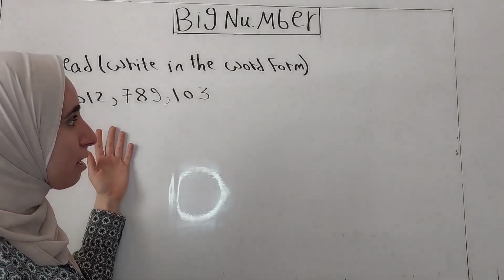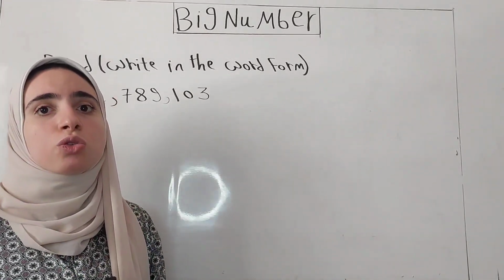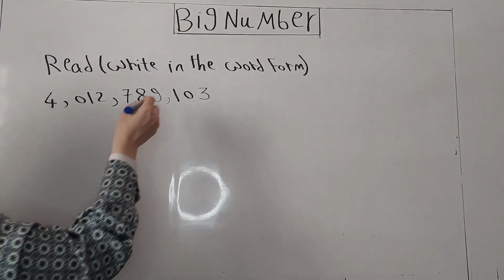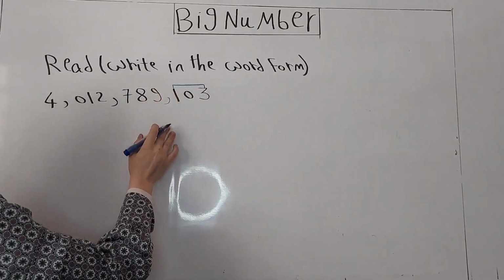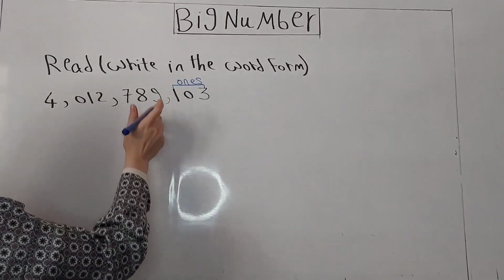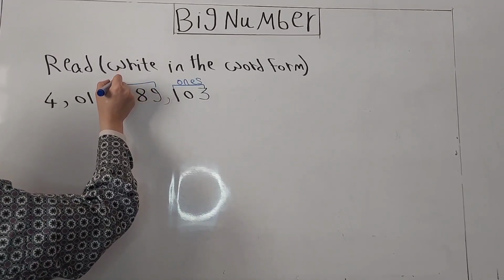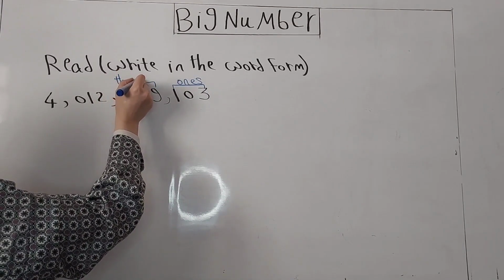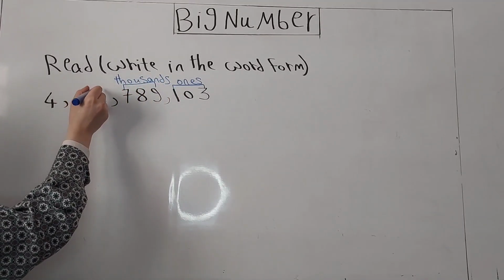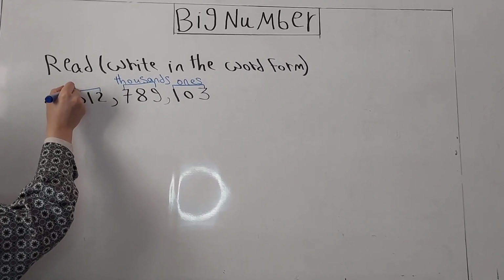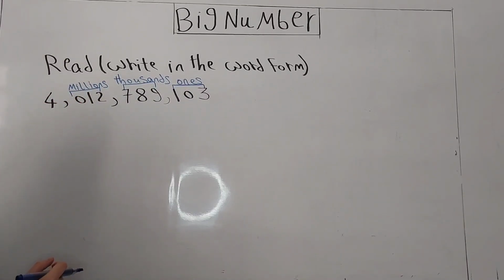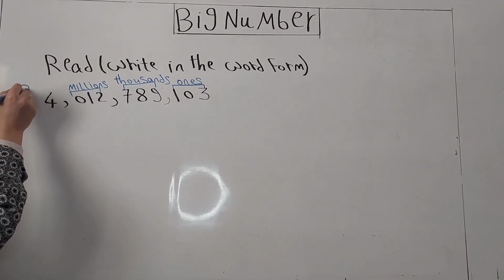To read these big numbers, at first we write the name of each family above. This family is called ones, and the second family is called thousands, and the third family is called millions, and the fourth family is called billions.